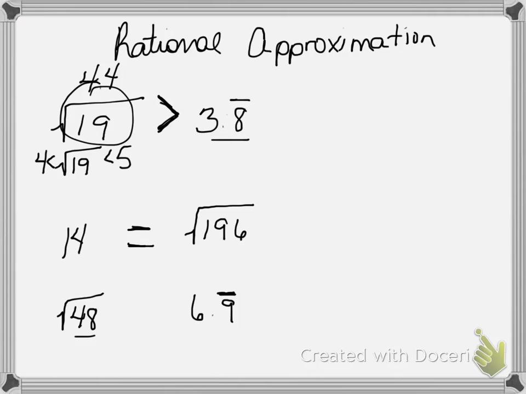I'm going to make a rational approximation and do 6.928, taking it out 3 places. Well, we know this is 6.9 repeating, so it's 6.999, and it just keeps on going. Which one's bigger? Of course, the 6.9 repeating is larger than the square root of 48. So we have the square root of 48 is less than 6.9 repeating.